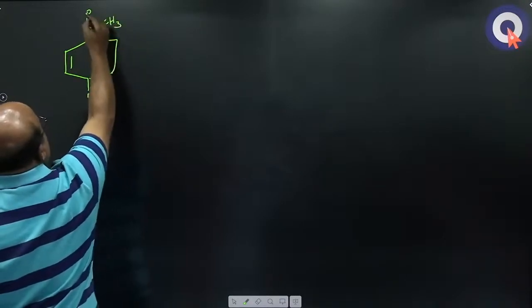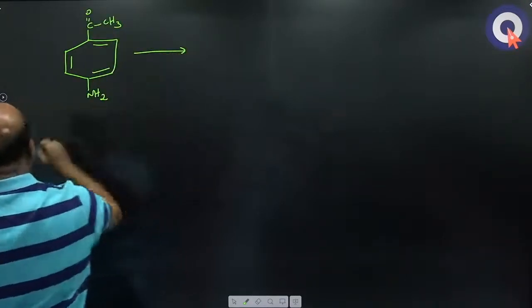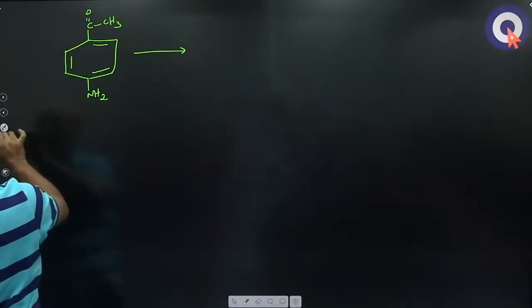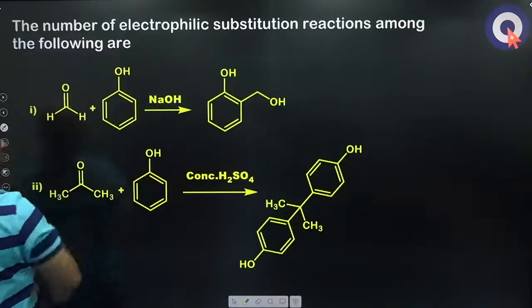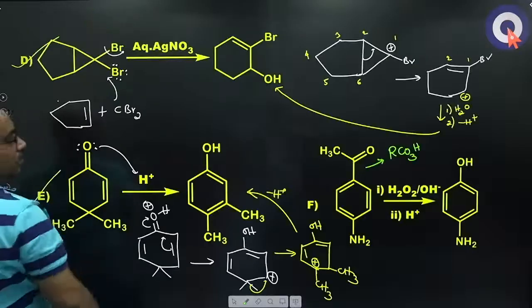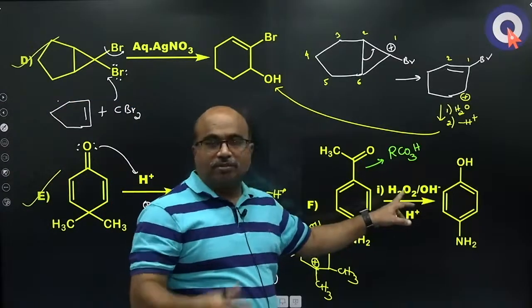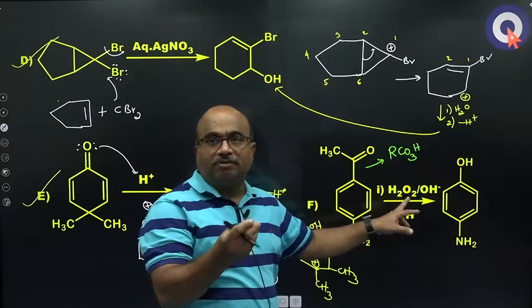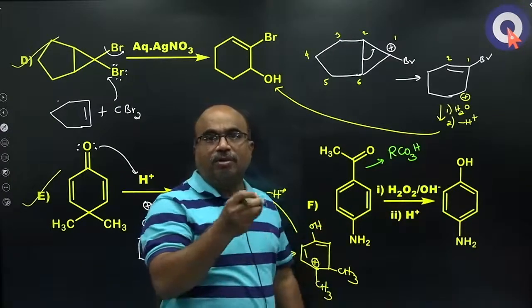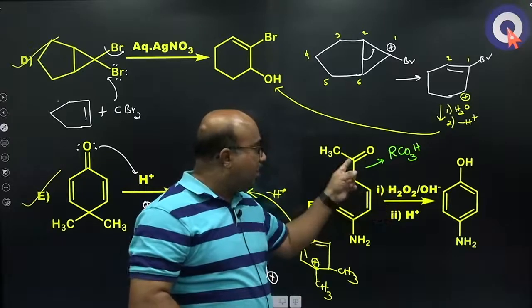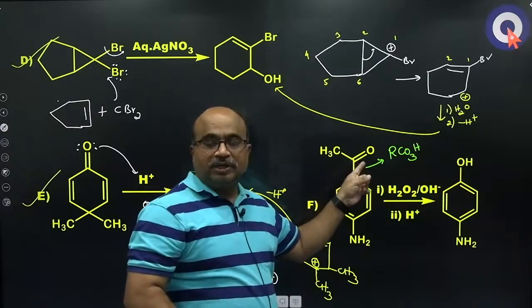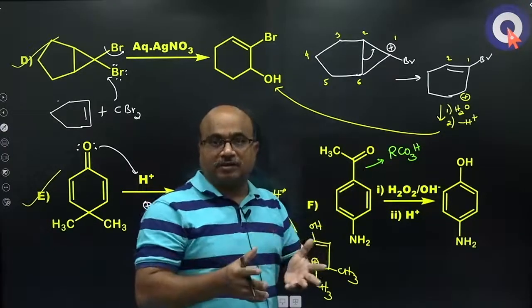So with hydrogen peroxide it cannot happen, but it can happen with peroxy acids. Suppose we are treating in basic condition with hydrogen peroxide: you may see the loss of hydrogen from the hydrogen peroxide and O minus formation. That cannot easily attack at this carbon, but a peroxy acid can attack.